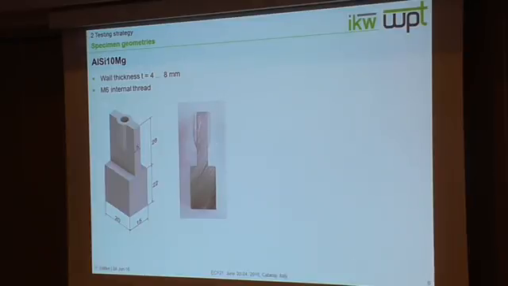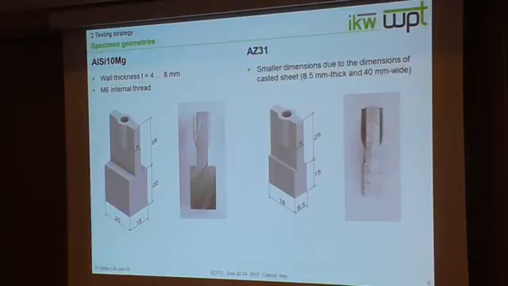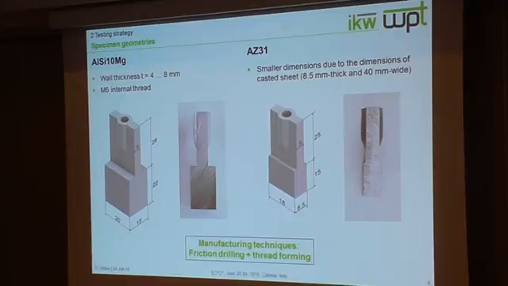Here is also an image of such a specimen. In contrast to that, the magnesium alloy has the same nominal diameter in the thread, but as you can see, there are some differences in the dimensions. This is due to the dimensions of the cast sheet. So what we are going to see is these manufacturing techniques, chipless forming, so friction drilling and thread forming.